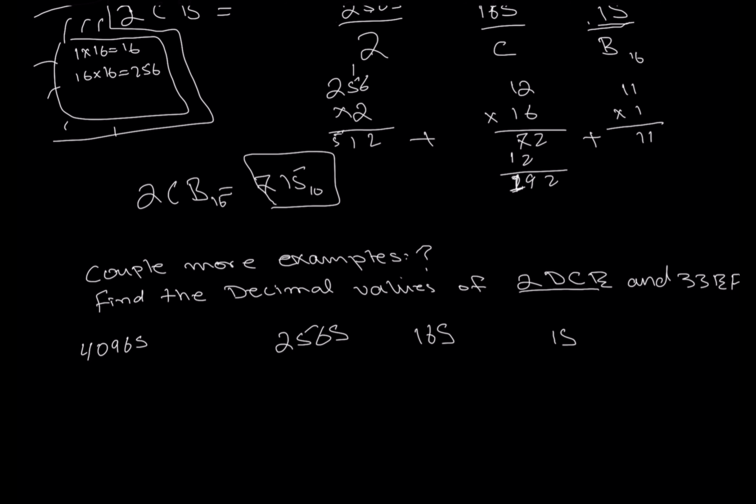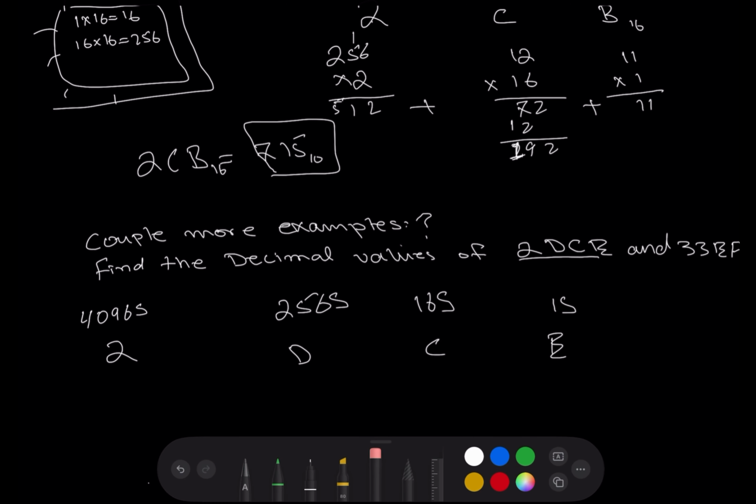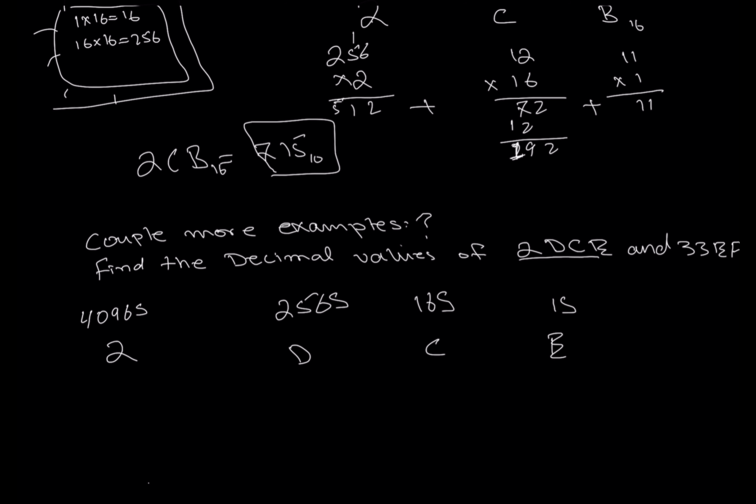I have to do it for each example separately. Because it starts from the right to the left, I have to follow my way: E, C, D, 2. Now, once you get that part done, the next part is just a multiplication.